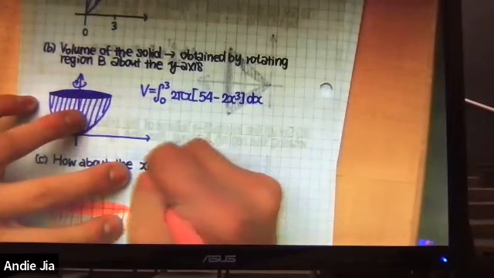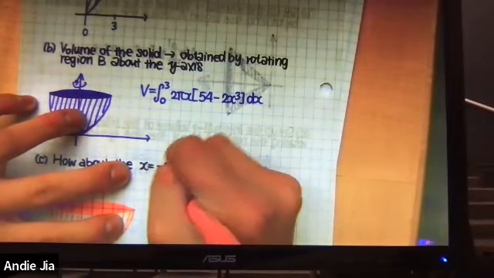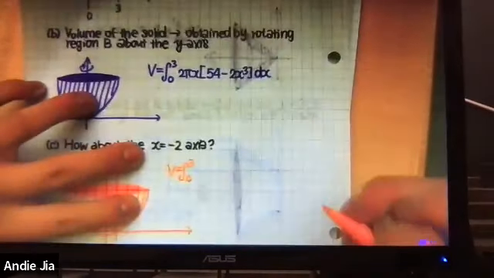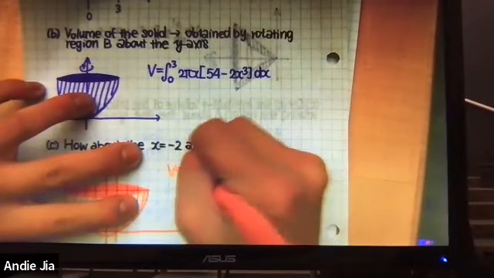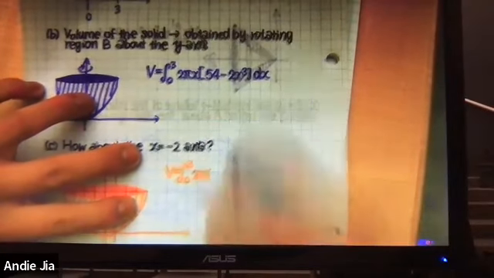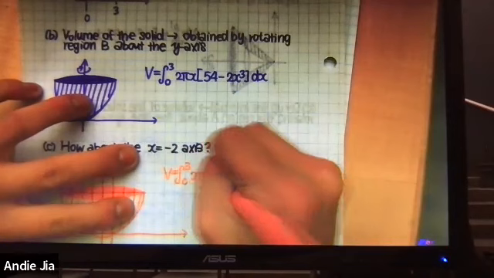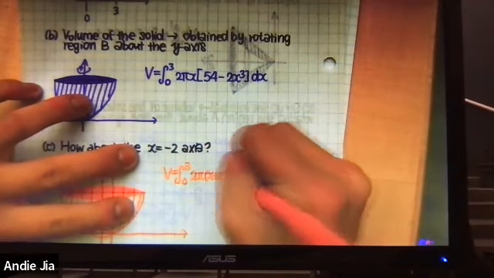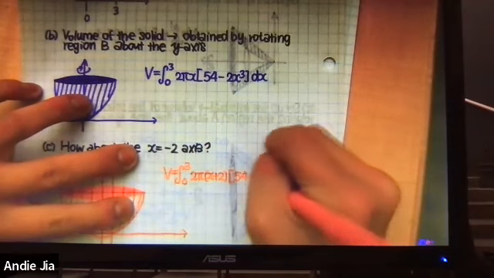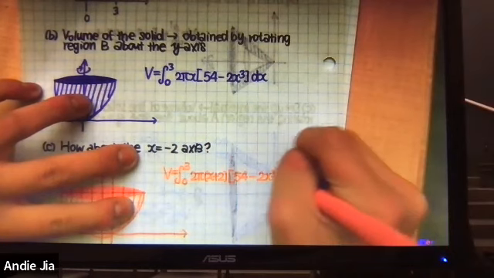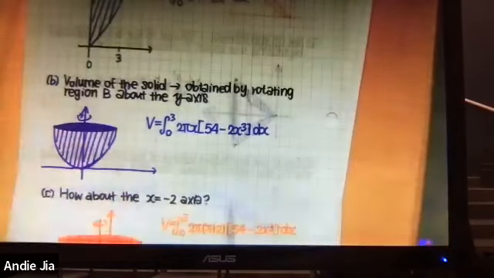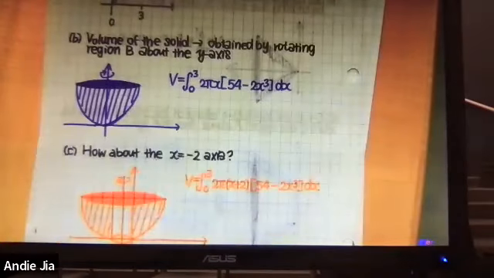So we set up the volume as the integral from 0 to 3 of 2 pi times (x plus 2) times (54 minus 2x to the cubic) dx.